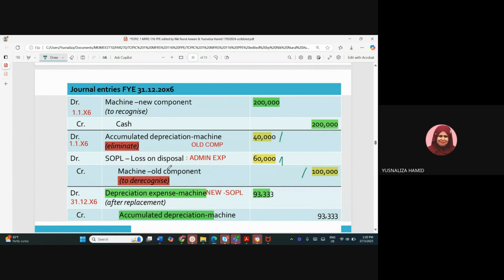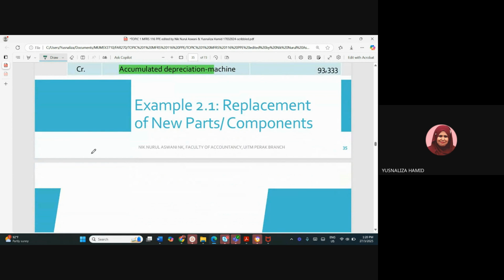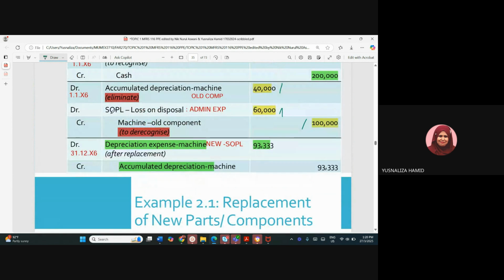So the extract of SOPL should show the loss on disposal and the depreciation. Let's say extract of SOPL for the year ended 31st of December X6.